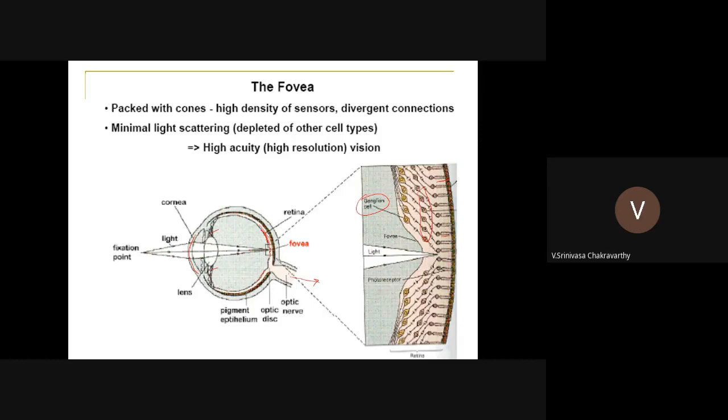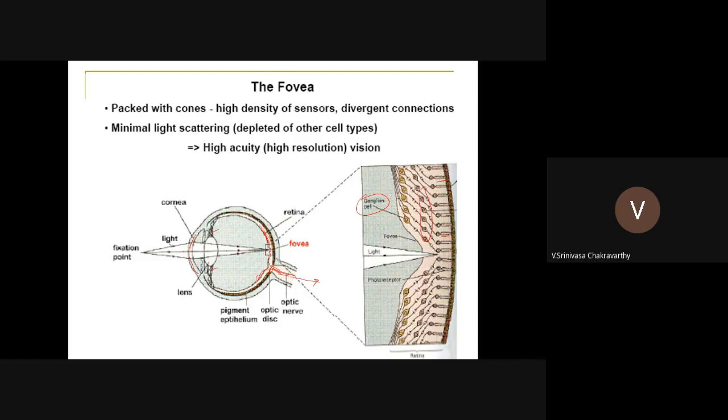The outputs of these must come out, get collected in one place and then go out of the eye. So there must be some place where the fibers penetrate the retina and go out. Therefore, at this point you cannot have any photoreceptors, because you are punching a hole through the retina.